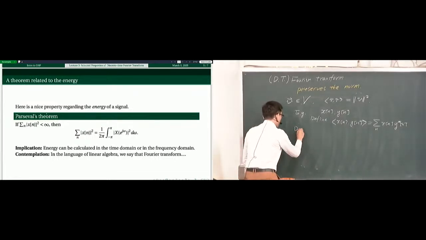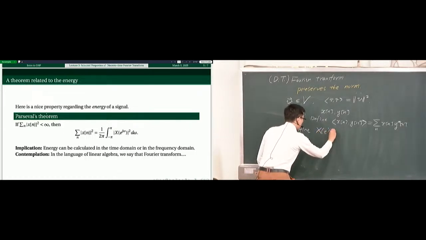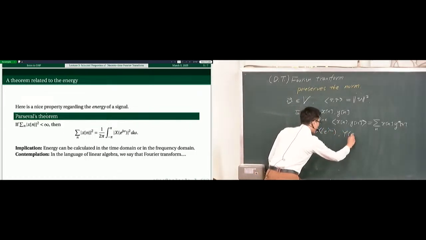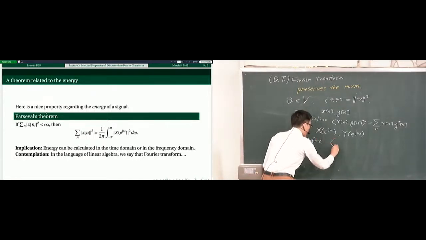We can also define an inner product in the frequency domain for spectrums.